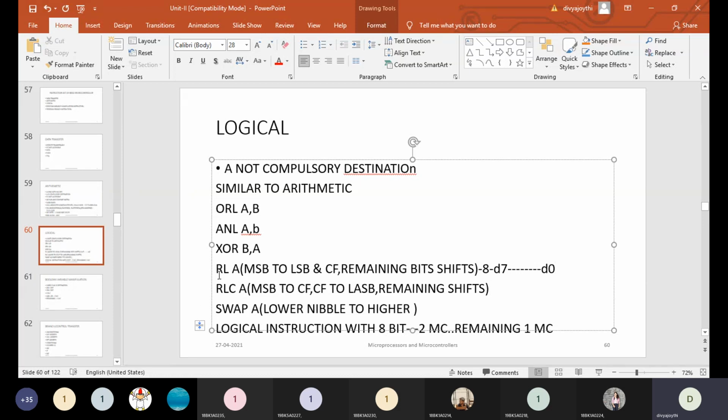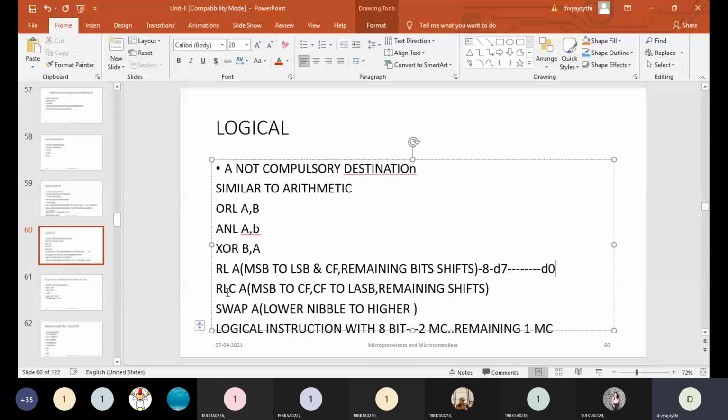So here, whenever I say RL A, what will happen? The MSB bit will go and replace the LSB bit. Whatever the value that is there in D7, that value will be placed in D0, and from there the shifting, that rotating will be performed.